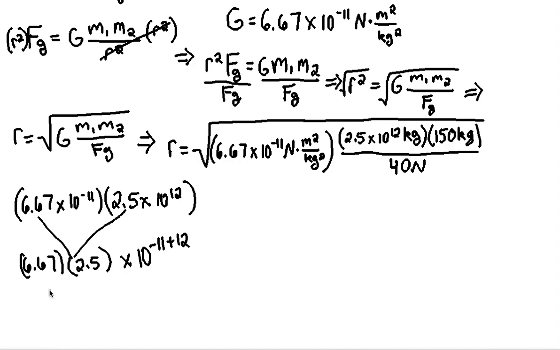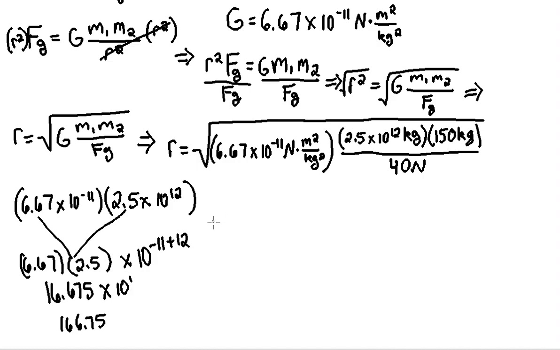So right here, 16.675 multiplied by 10 to the negative 11 plus 12 is just going to be 1, which gives us this whole thing times 10, which gives us 166.75. That's all. So notice the only actual calculator work that you had to do was multiplying these two up front. Adding the exponents, that's not that bad. Hopefully this isn't hard for you.